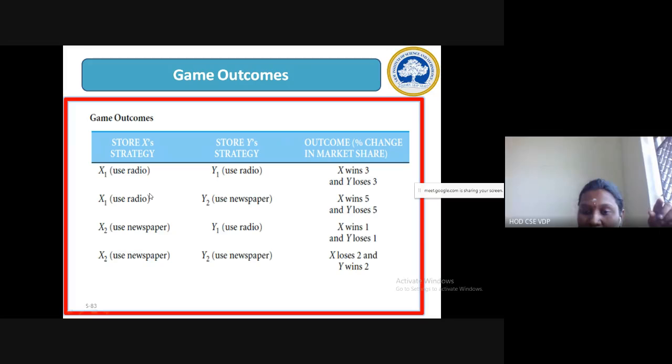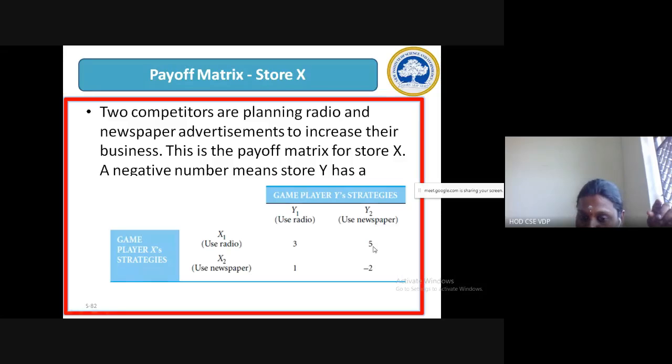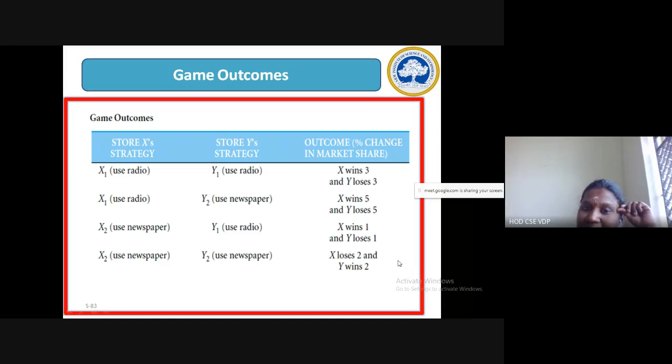Similarly for the next one, X has a payoff of plus 5 and Y has a loss of 5. For X2, X gets plus 1 and Y gets minus 1. And for Y2 using newspaper, it's actually a profit for Y and a loss for X2. This is just an interpretation of games, the outcome that you represent using your payoff.